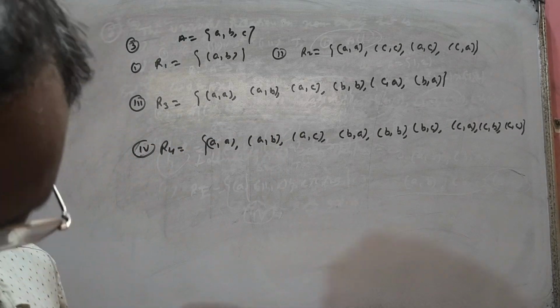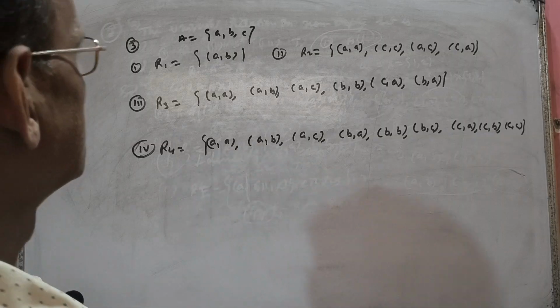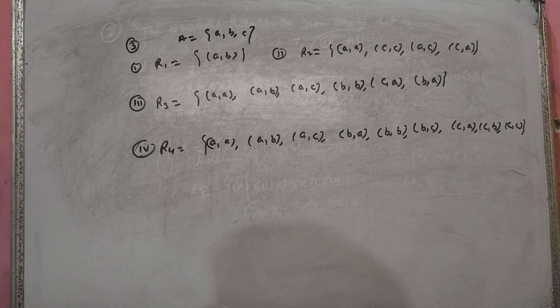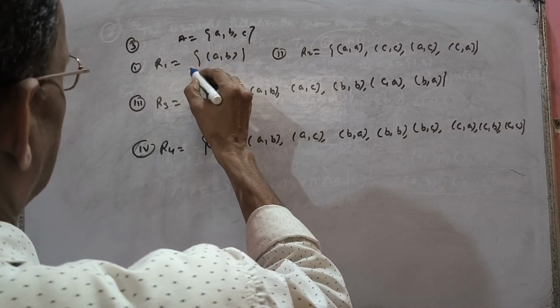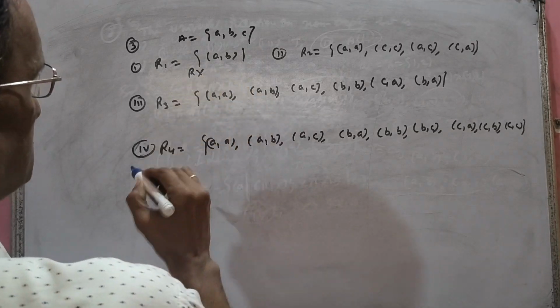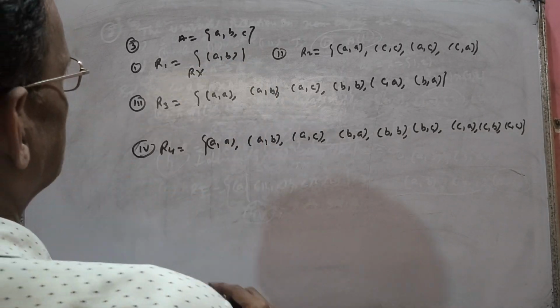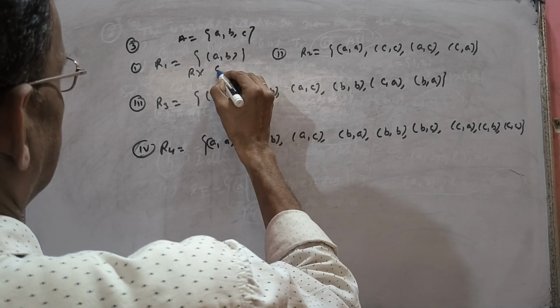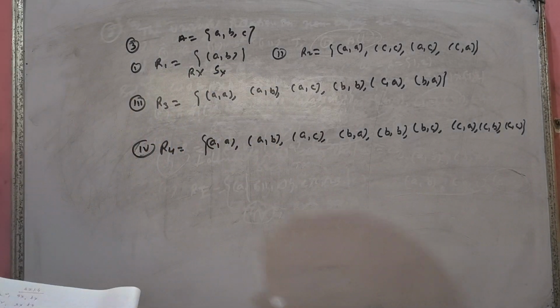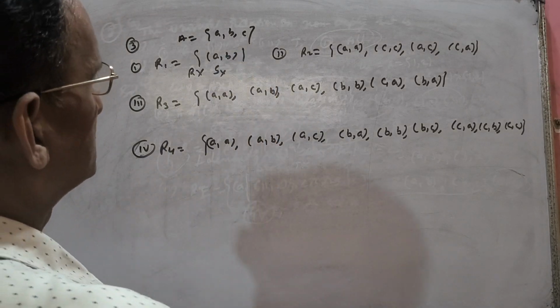Okay. So now, question number 3. Obviously it is not reflexive, because A is not here, B is not here, C is here. It is not symmetric, because AB is there, BA is not there.